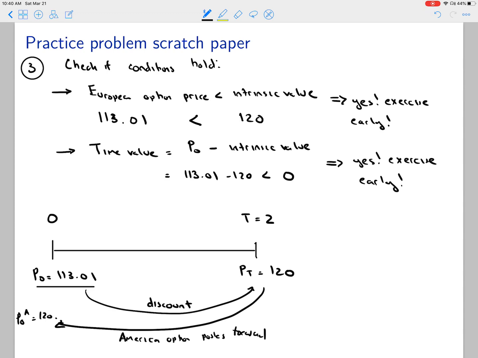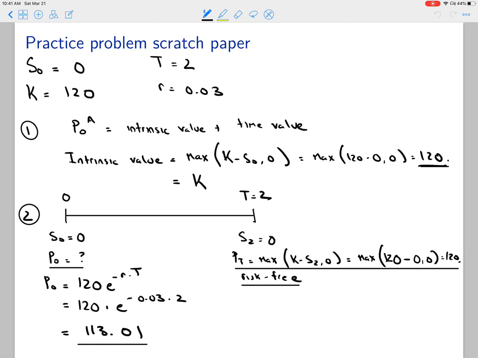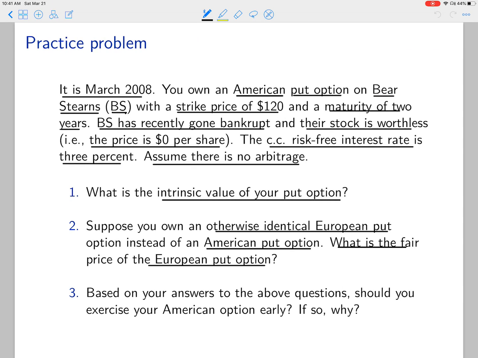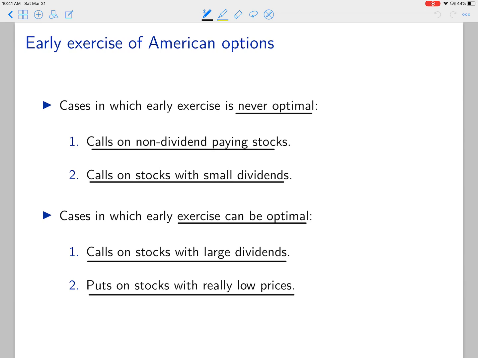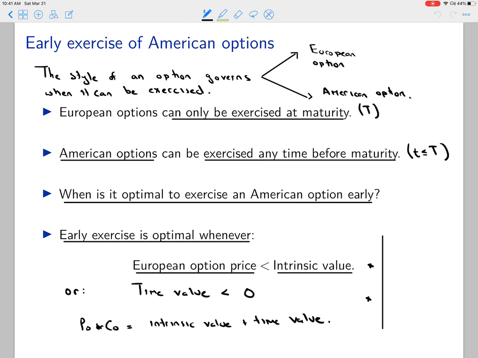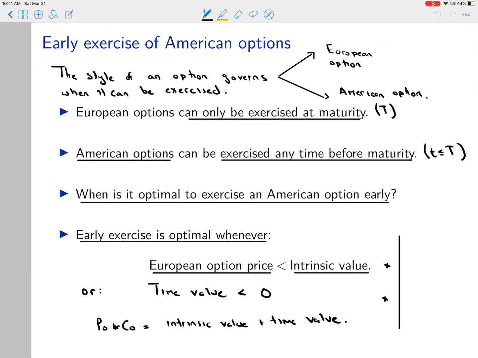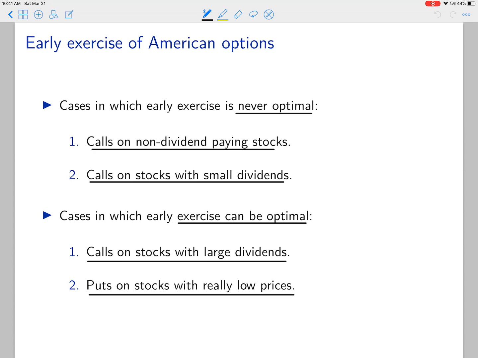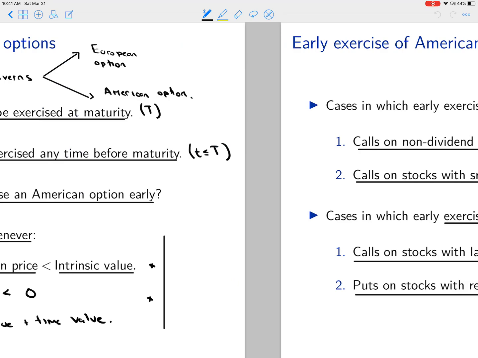Essentially, the American option is going to avoid this deferred payment penalty on the put. And so again, the main idea is that the European options do not give you this added flexibility to exercise whenever you want. American options will exercise early for two specific types of options, in particular calls on stocks with large dividends and puts on stocks with really, really low prices.